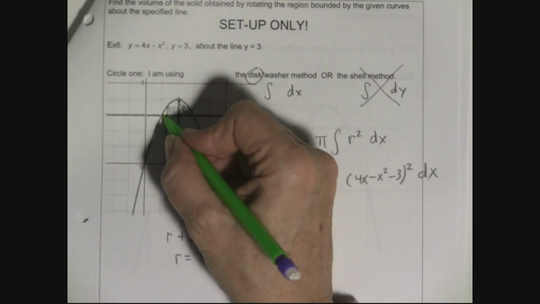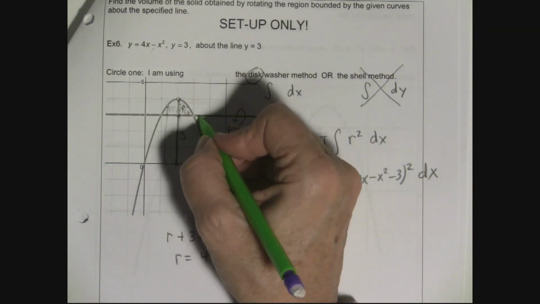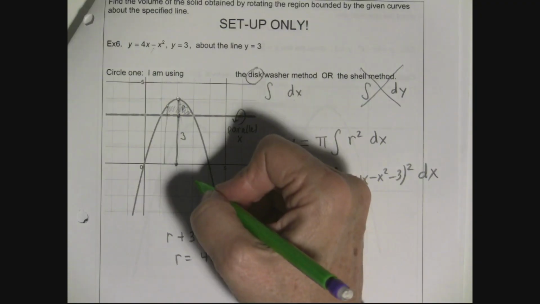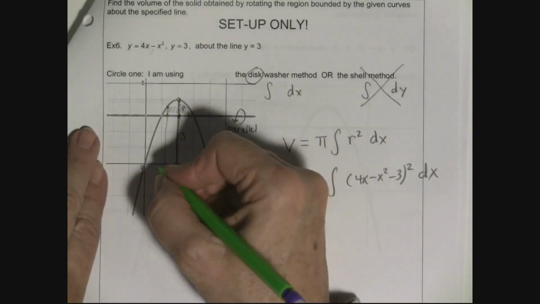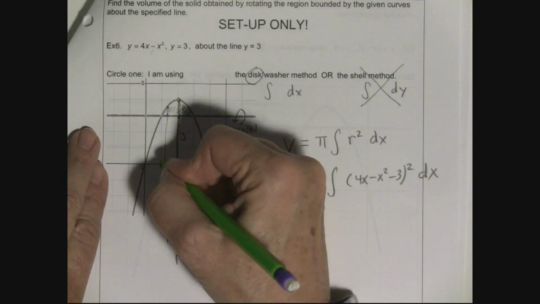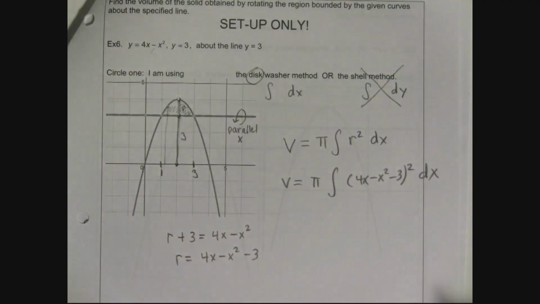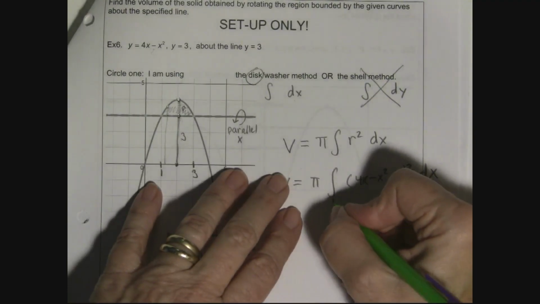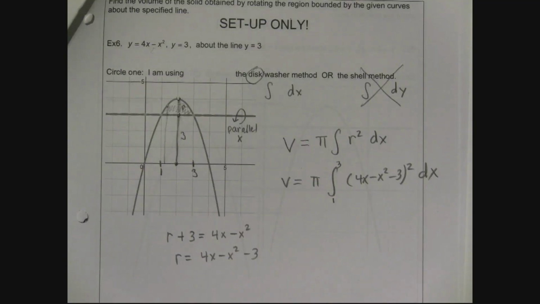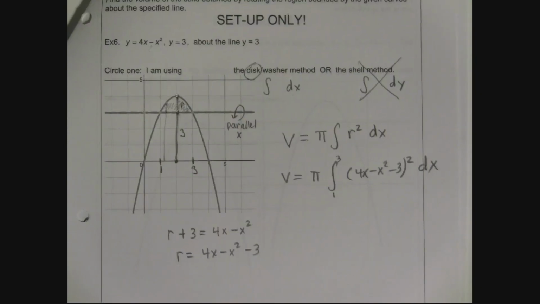I'm going from here, x is 1, to here, x is 3. This is that corner right here at 1, and this corner right here at 3. And so 1 to 3. Same bounds. I hope I don't have to do that one again because it'll probably get even trickier. Let's go see what there is next.